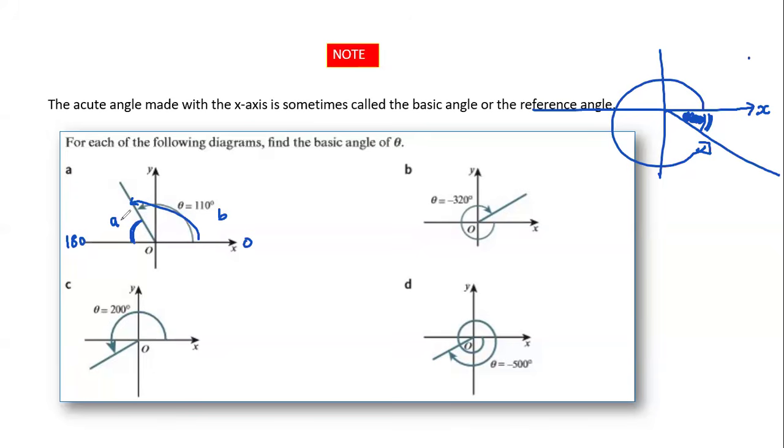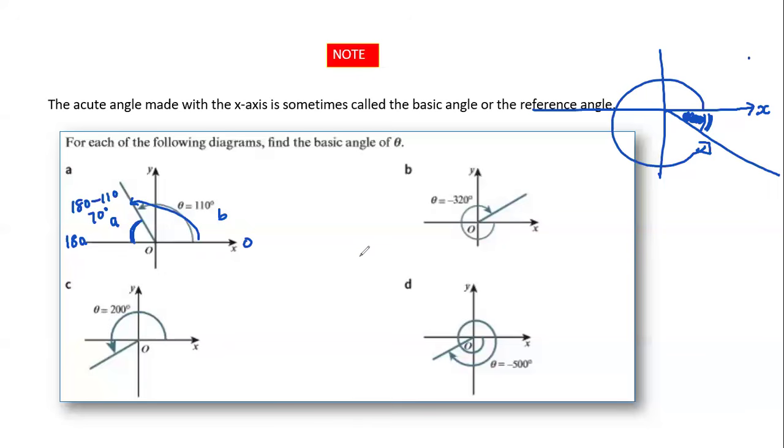It is A. Now you ask, how many degrees is A making? For you to reach 180 along the x-axis, how many degrees do you need to move? So that means you will say 180 minus 110, which will give you 70 degrees. Oh, I've understood. Thank you, sir.